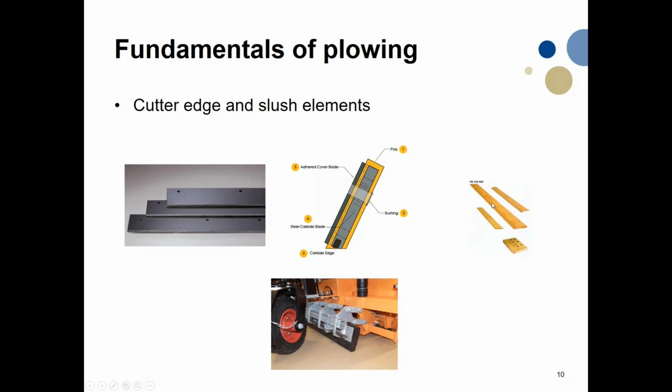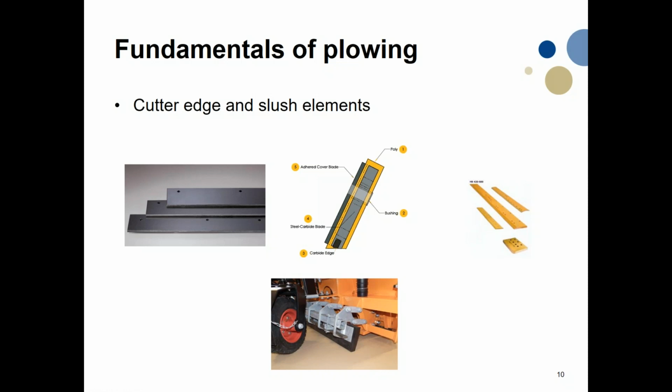Or you can actually have just composite materials. They use these at airports, at least in Norway, because the runway has some flushed lightings and a steel blade will damage those lightings. So they cause less damage to the infrastructure.